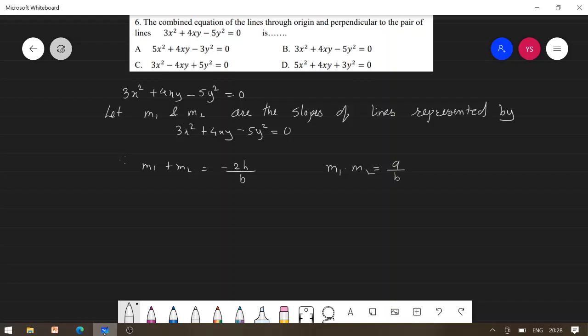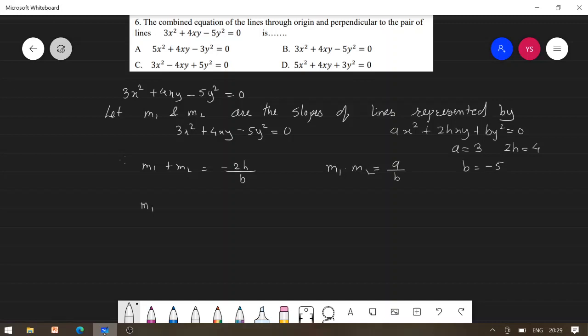So on comparing the given combined equation with the standard homogeneous equation of degree 2 in x, y, ax² + 2hxy + by² = 0, we might have here a value becomes the coefficient of x², 2h value becomes the coefficient of xy, and b value becomes the coefficient of y² as in −5.